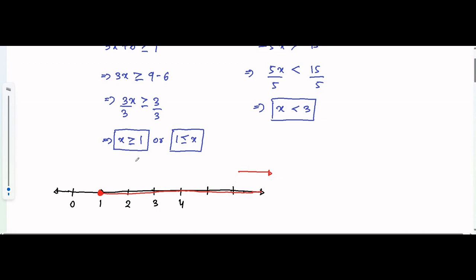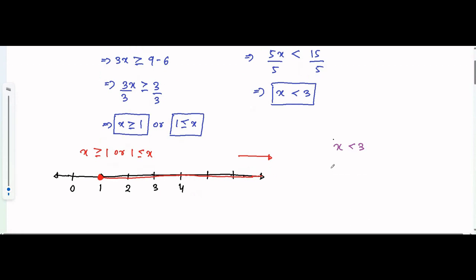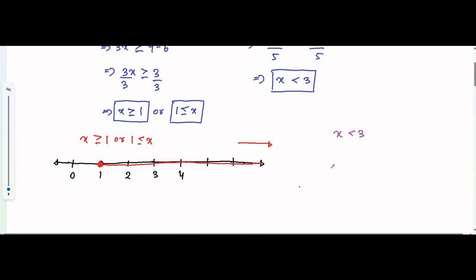Then we have x lesser than 3. This is for x greater than or equal to 1, or 1 lesser than or equal to x. Then for x lesser than 3, again the number line, okay.